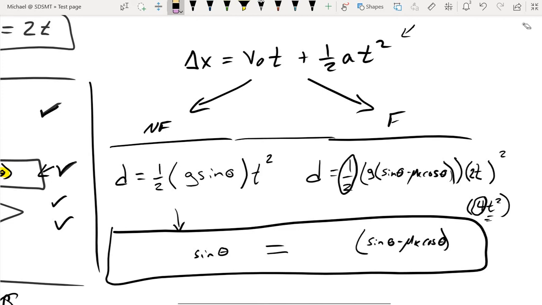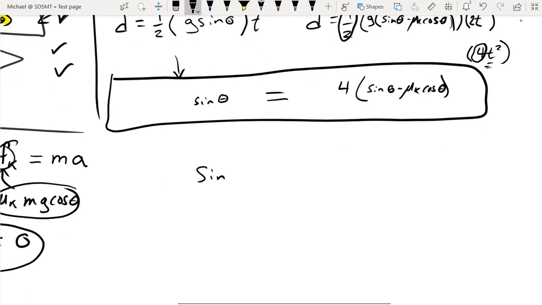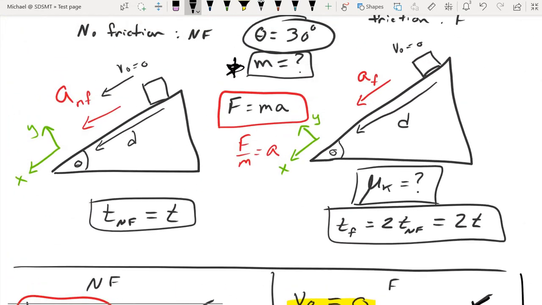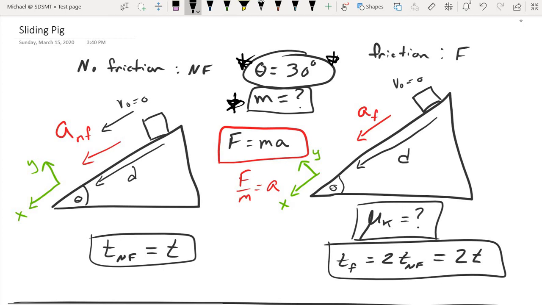And when I do that, I'll get a 4. And just to recap as to what we have, a 4 sine theta minus 4 mu k cosine theta. And now you can see that we are in line to get our solution for mu k, because the only other values that we have in this system are sines and cosines of theta. And theta was the only piece of information that they gave us.